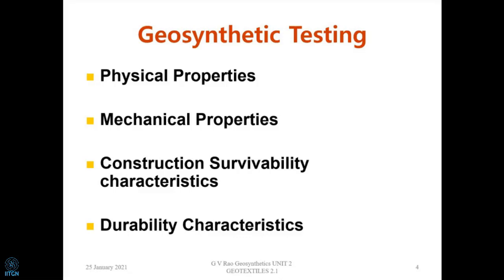Or later, when I go to geogrids, we'll see what testing is required on geogrids, both flexible and rigid. Like this, we keep moving from one material to another. We'll first discuss the test methods, then test and evaluation. Evaluation will come when we start designing. So I just gave you an overview of all these things, and physical and other things are going to be covered as we go across.